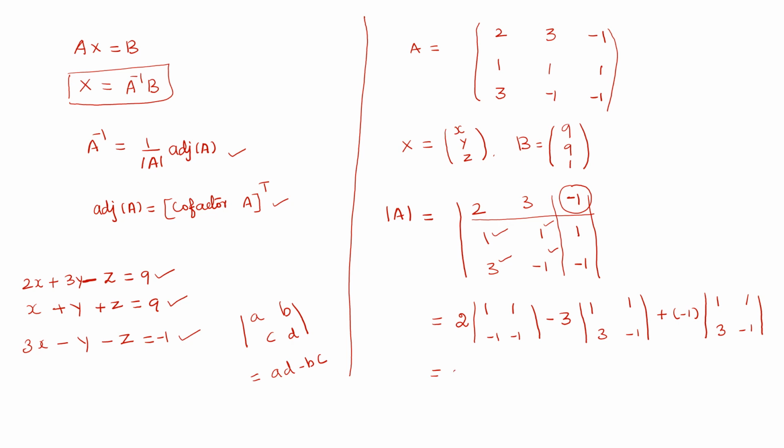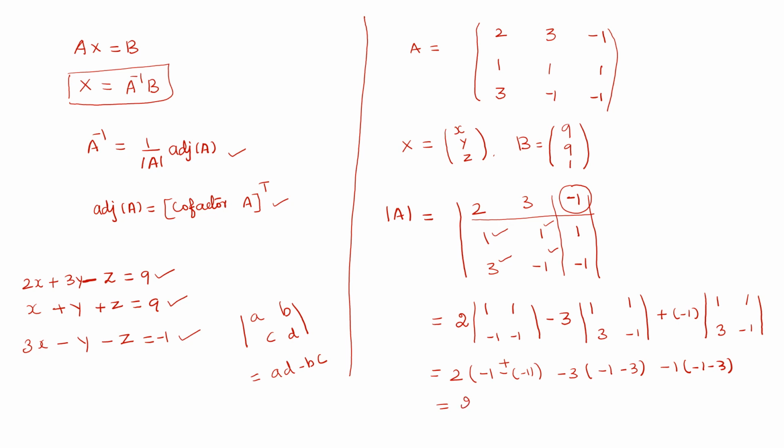So therefore I can write 2 times 1 into negative 1 minus negative 1 into 1, which is negative 1 plus 1, so the value is 0.